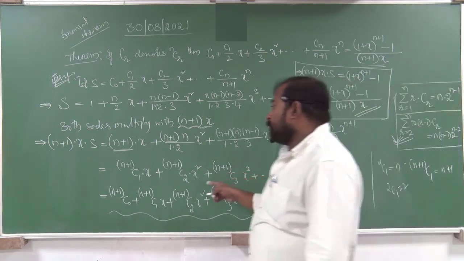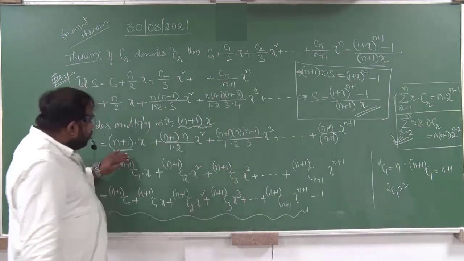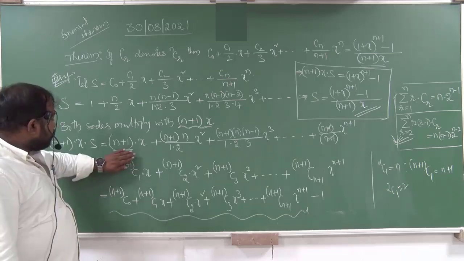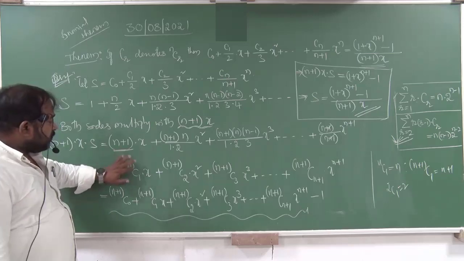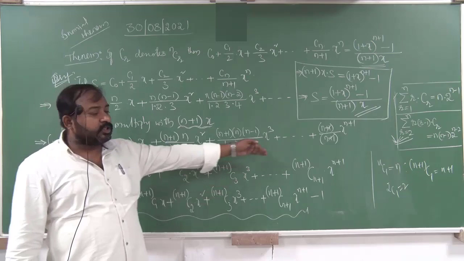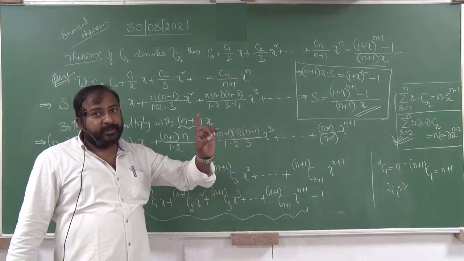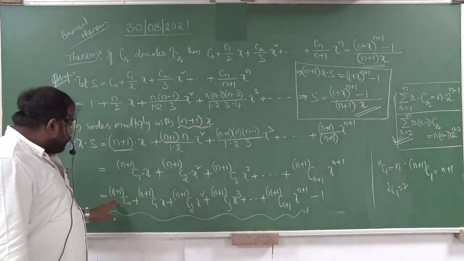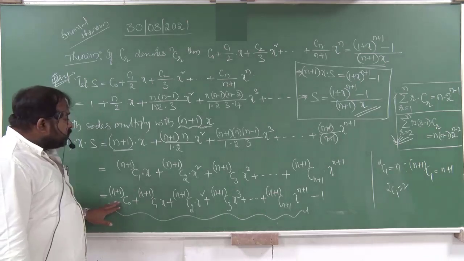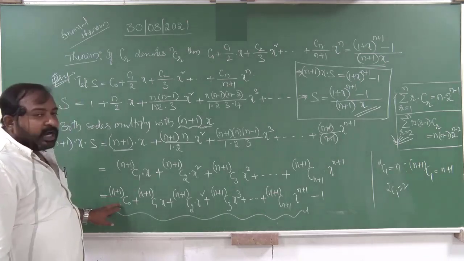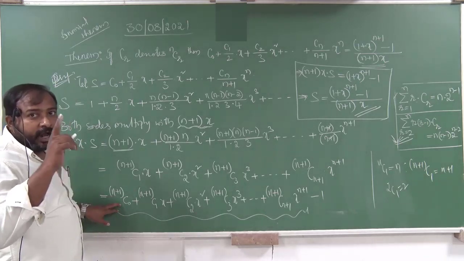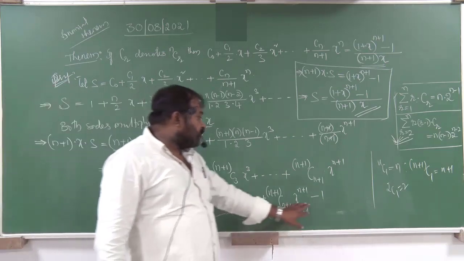So if you observe this one, whole this is in the form of, if you assume n plus 1 value as n, C1 x plus C2 x square plus C3 x cube. Only one term is missing. What is the missing term? n plus 1 C naught. So add this quantity. n plus 1 C naught means 1, indirectly you are adding. So subtract last minus 1.